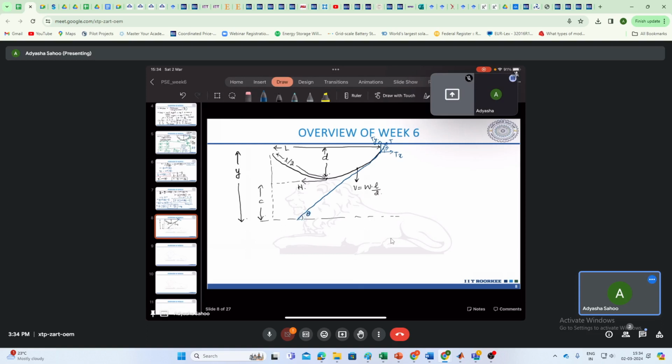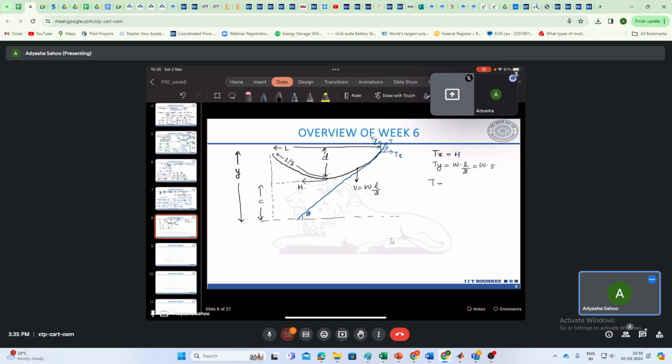So from here we can see that your Tx is H, Ty is W into L by 2, or we can say W into S.